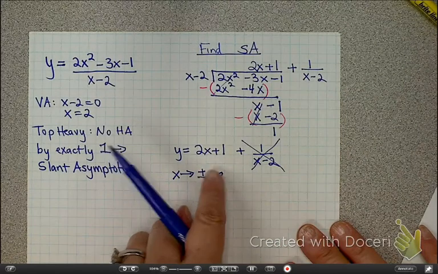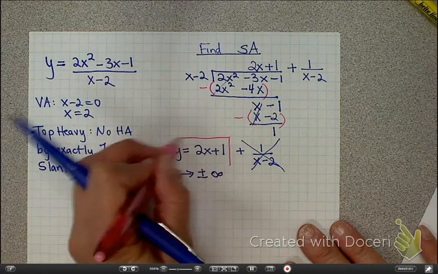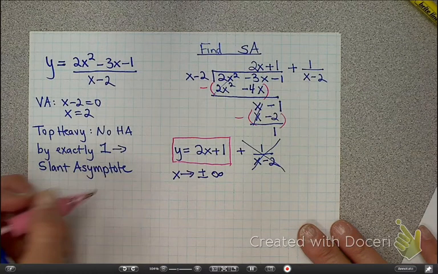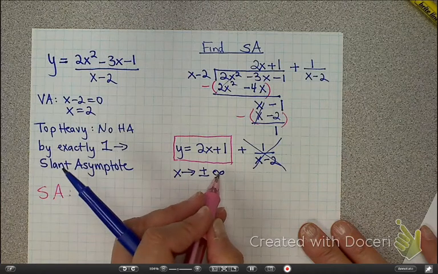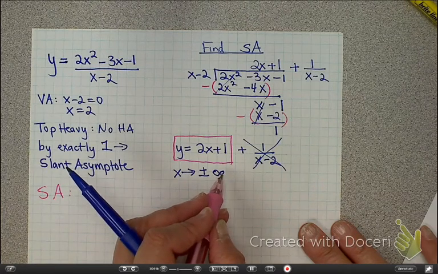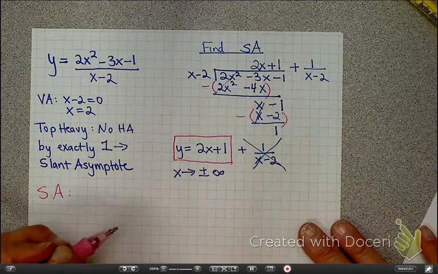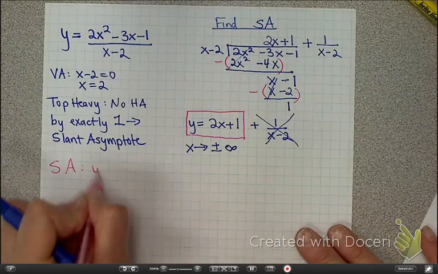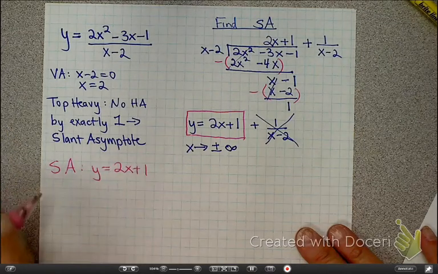What you're left with is y equals 2x plus 1, and that is the slant asymptote. So the slant asymptote is whatever's left from the division when you let x approach infinity and the remainder just disappears. 2x plus 1, and that's the slant.